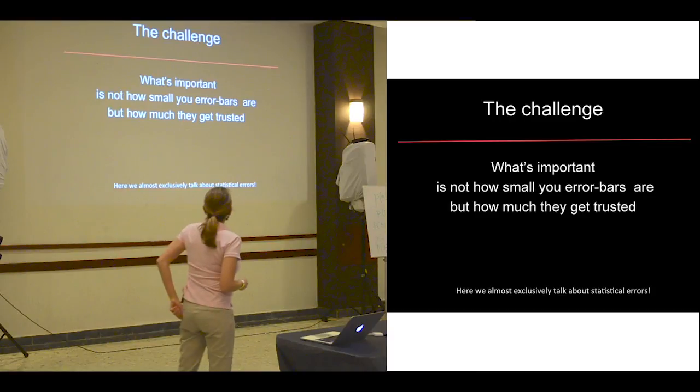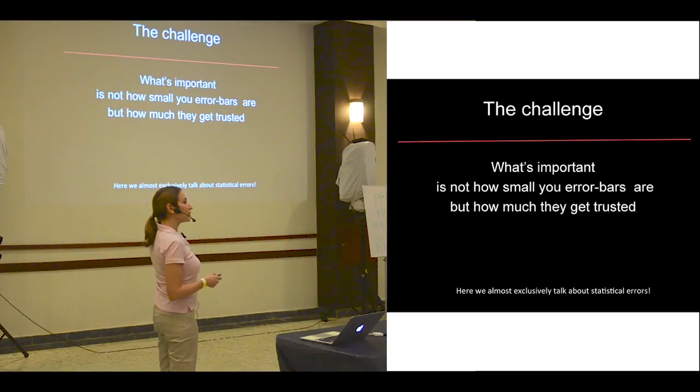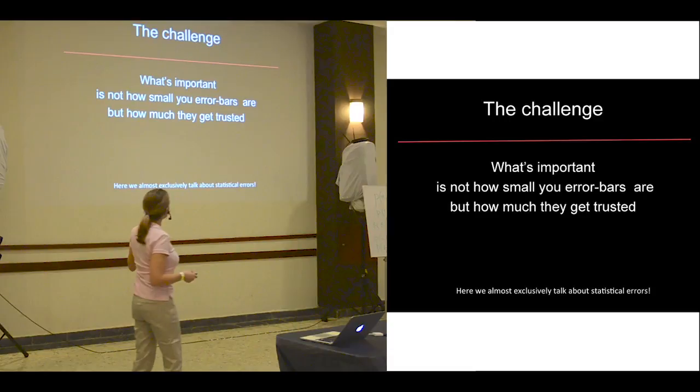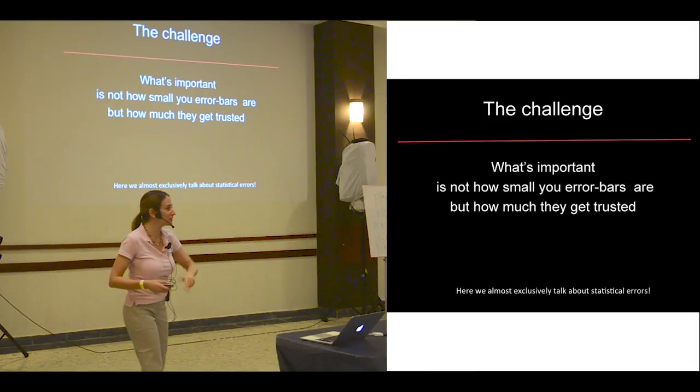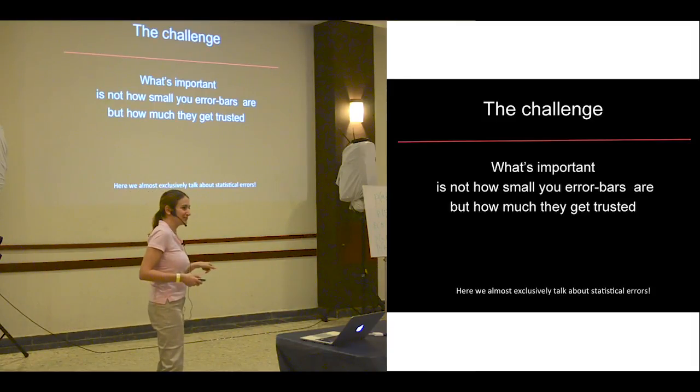What's important, and I'm going to say this here and probably not go back to it a lot during these classes, but it's important to put this out there, is not how small your error bars are around a particular measurement, but how much they get tested, and not by you who made the measurement, but by somebody else.